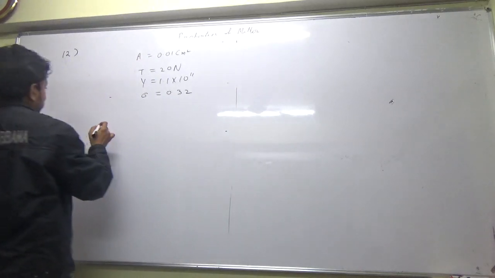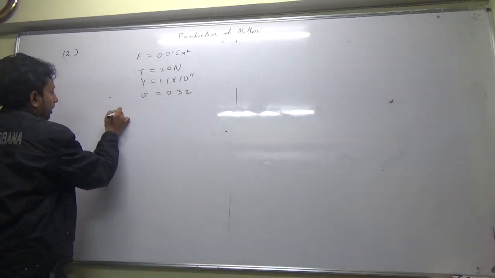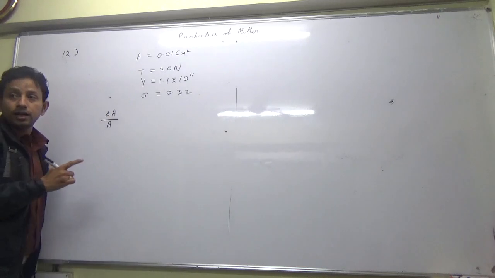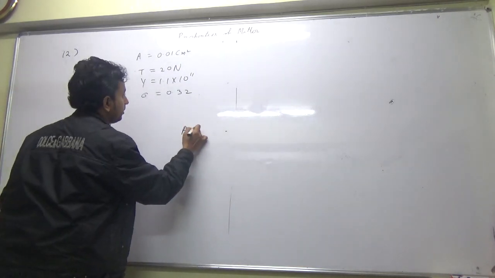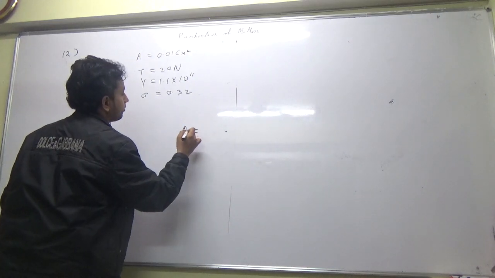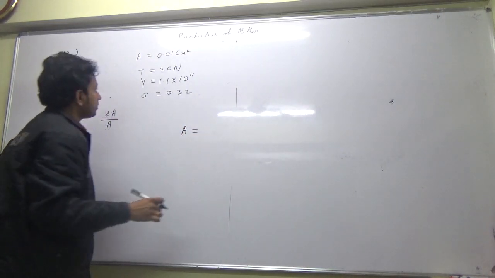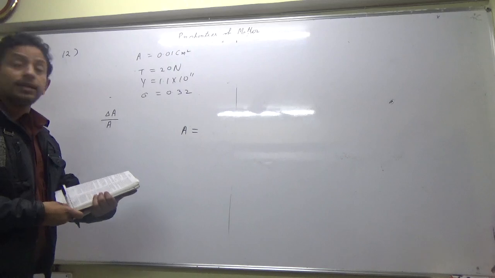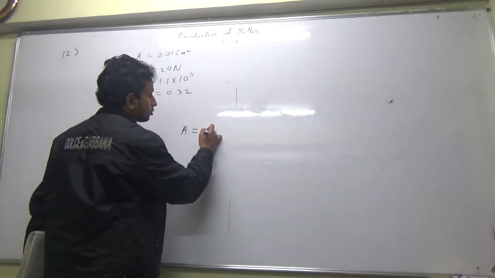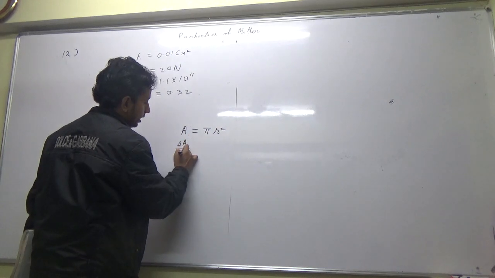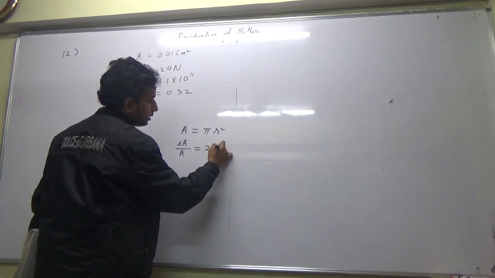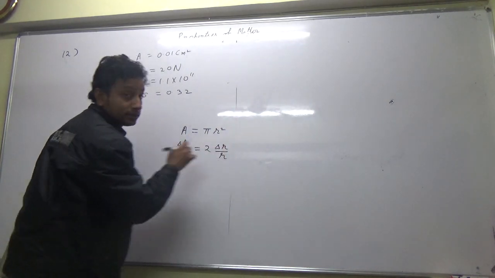What we have to find is the decrease in area. So look, delta A by A. How can area be written? In terms of radius, it can be written as pi r square. So delta A by A can be written as 2 times delta r by r. That is given in the hint itself.